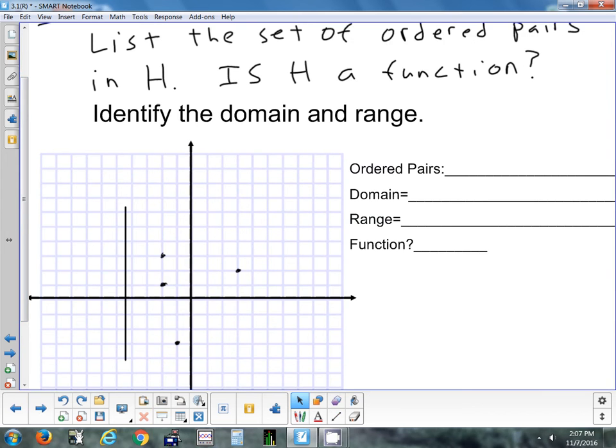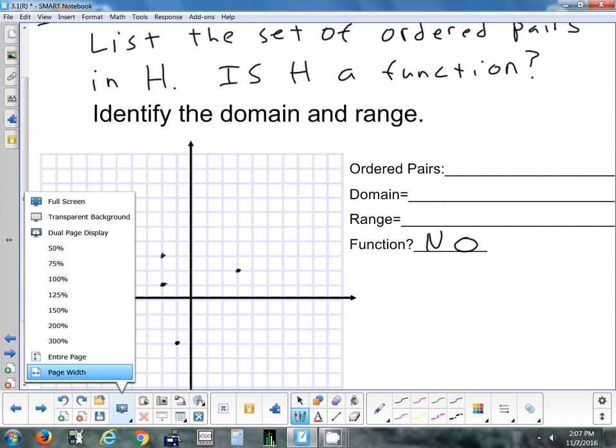If a vertical line can hit something twice, what does that mean? Not a function. So again, you don't have 3A on your notes. It's going to be on the copy Mr. Roy is making right now. So I'll put it back up and let you copy. No, it's not a function.